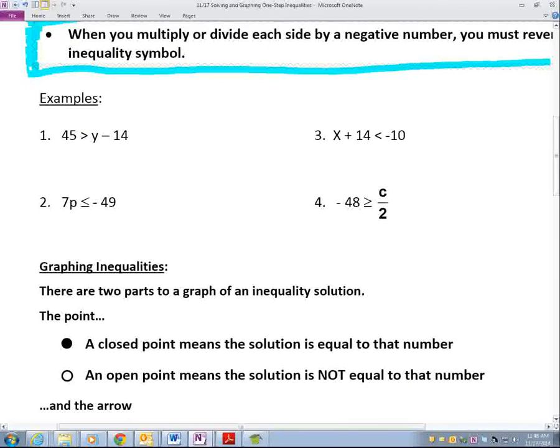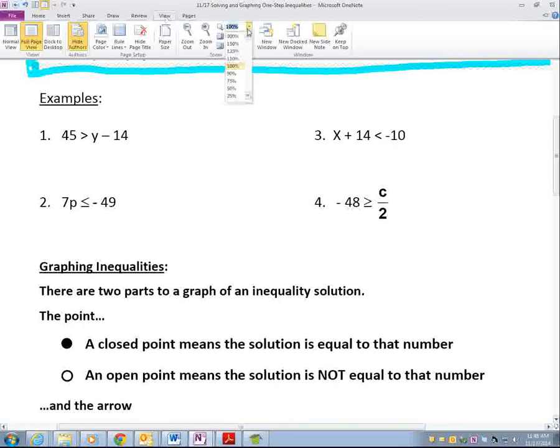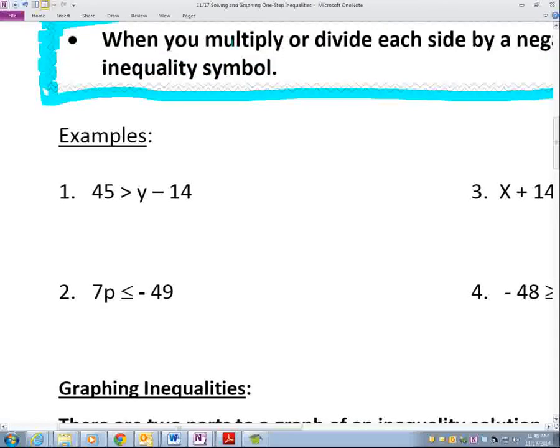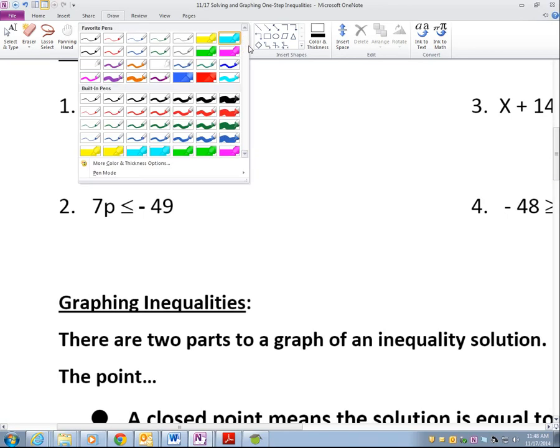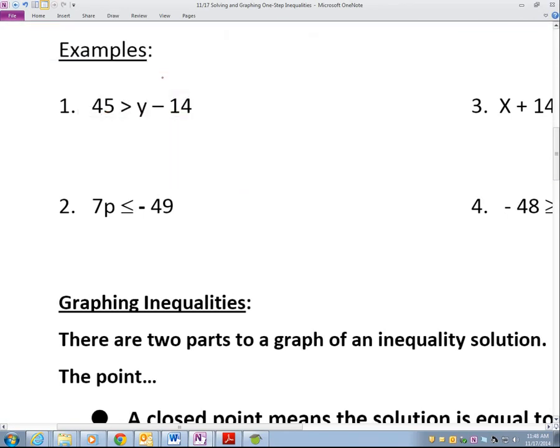Now, since we are doing this the same way that we have been, here's an example of solving for an inequality. We're going to do it the same way that we did before. Since we have 45 is greater than y minus 14, what do we need to do, McLean?